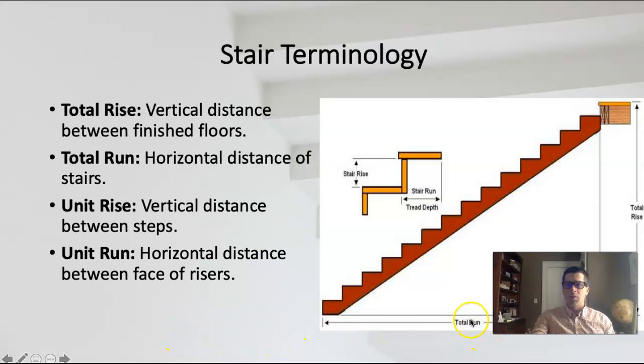All right. First term is going to be the total rise. The total rise is the vertical distance from finished floor to finished floor. And that is the critical thing, I think, that people often ignore when they're laying out a set of stairs.